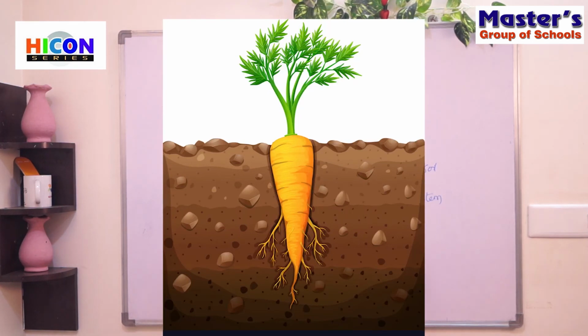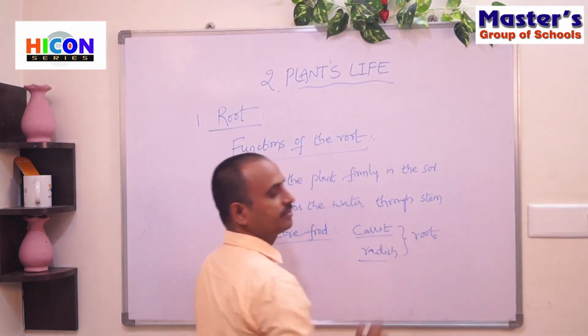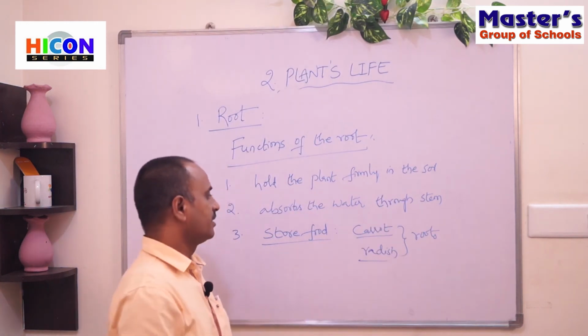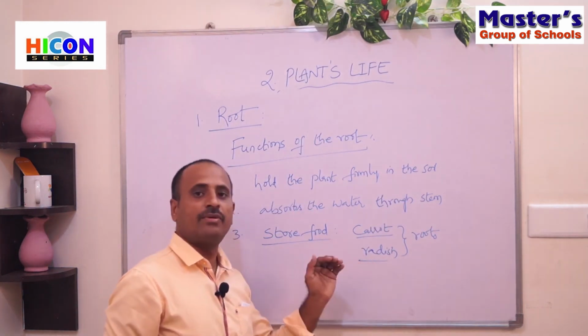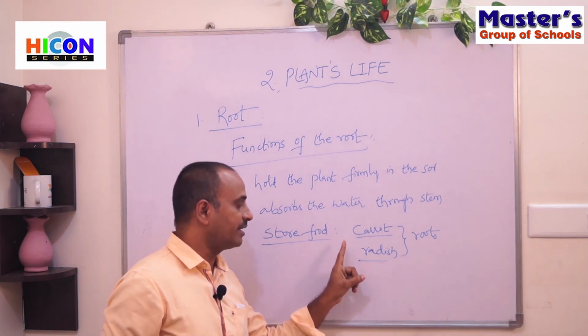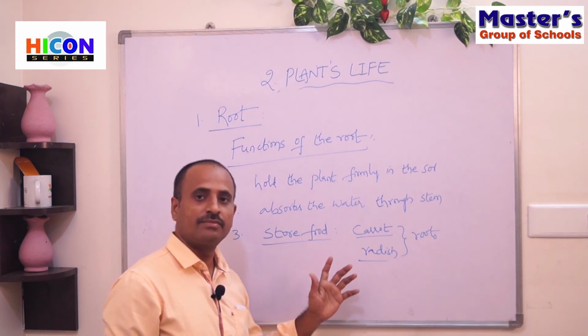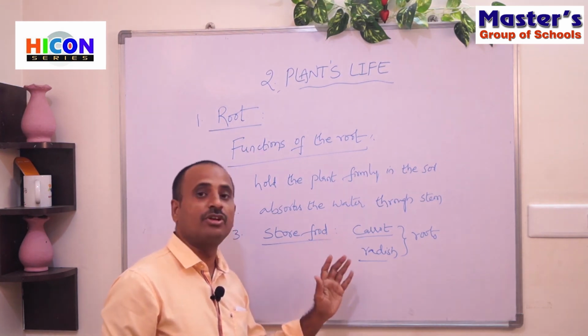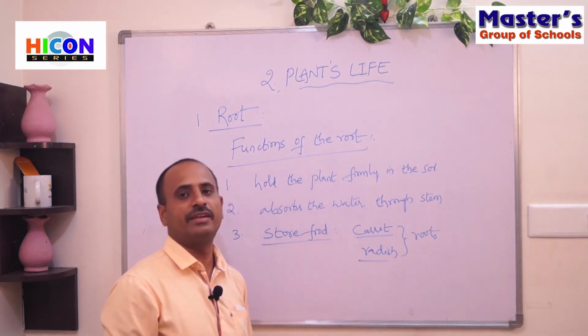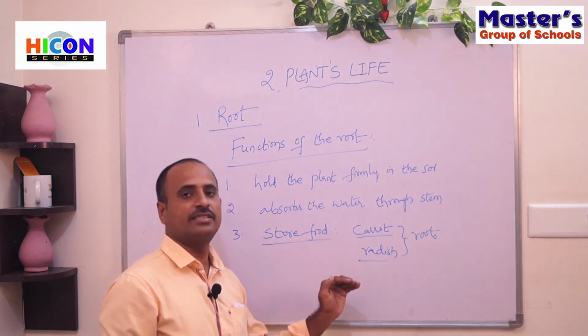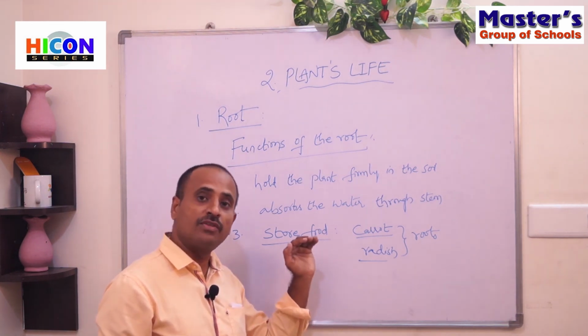So carrot and radish are the roots which store food. That's why the roots of the carrot and radish are very thick, because they store food, and the carrot and radish are the root parts of the plant we are eating.